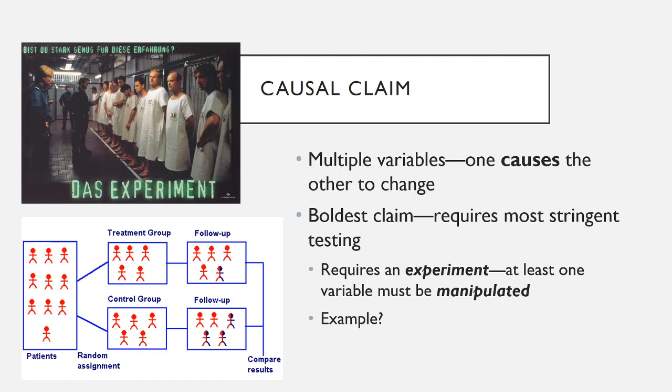Now, this is not an experiment in the colloquial sense that people use to refer to any sort of data collection. An experiment in research methods terms is where at least one variable is manipulated. So this is going to be where researchers actively change something about the variable.